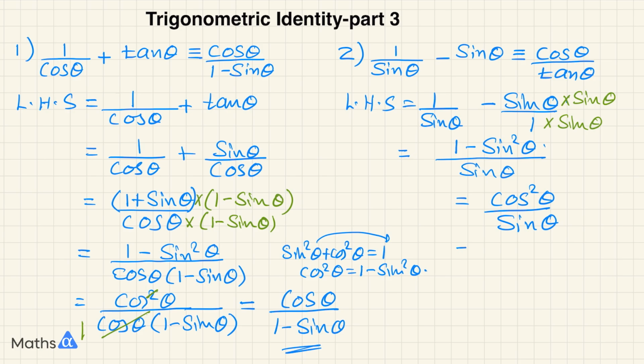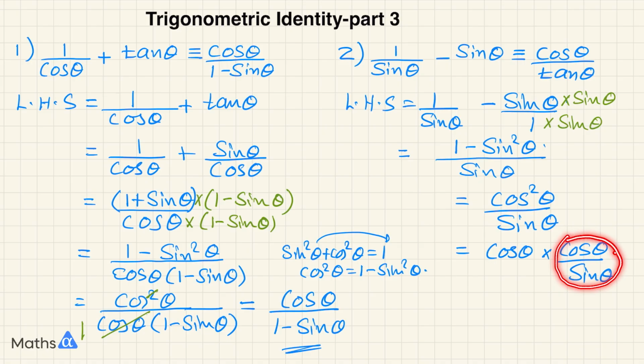So I can split this cos squared theta as cos theta times cos theta, and we have sin theta in the denominator. I isolate one cos theta, so I have cos theta times cos theta over sin theta.